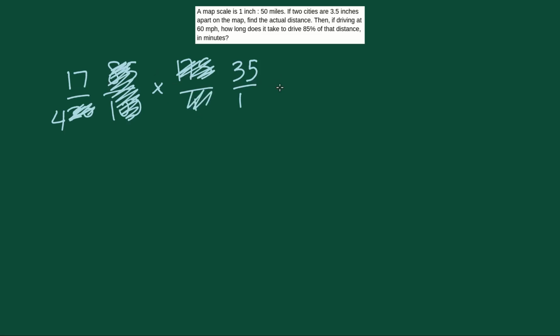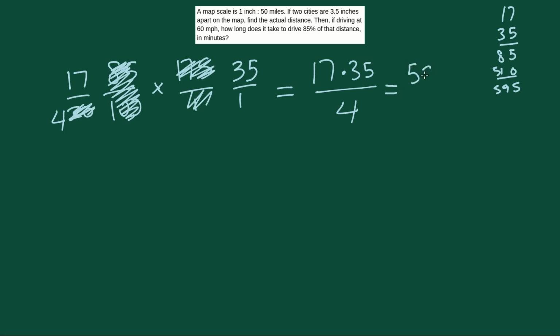And now let's multiply this out. 17 times 35 over 4. 17 times 35 would be, carry the 3, 0, 1, 2, 5, 9, 5. 595 over 4.